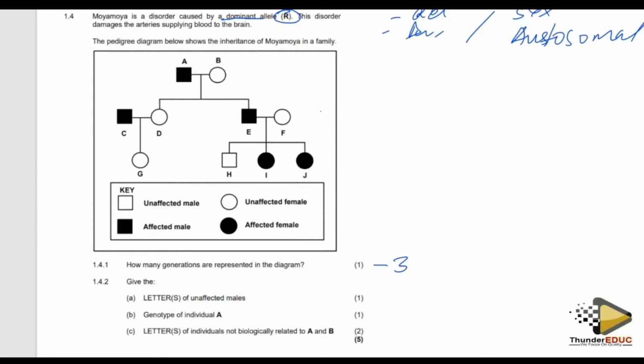But sometimes we don't give you a key to show that a male is affected or a female is not affected. We just give you the question. So please take note of that. In this case, they gave you a key. The one we shaded is affected with the disorder. The one who is not shaded is not affected. So you have to take note of that.